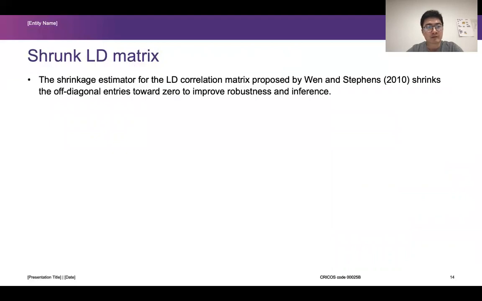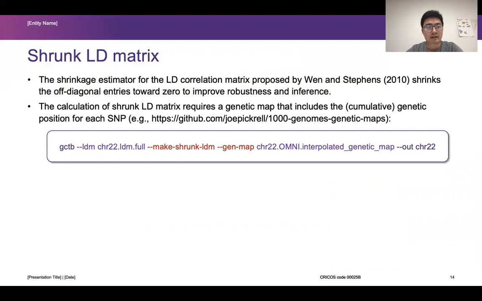The algorithm for computing the shrunk matrix is provided by Wen and Stephens' paper in 2010. The calculation of the shrunk LD matrix requires a genetic map that includes the genetic position for each SNP. So one option to compute the shrunk matrix is to read in the full LD matrix that we have computed previously and shrink it with the provided genetic map.